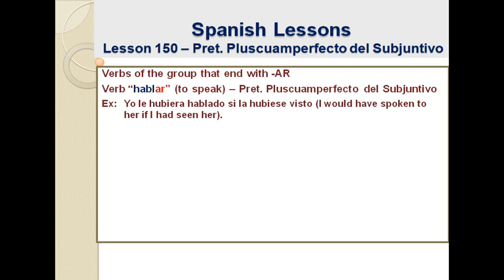Here, yo le hubiera hablado means I would have spoken to her. Si means if. La hubiese visto means I had seen her, right? The pretérito pluscuamperfecto del modo subjuntivo is a tense that requires an auxiliary verb. The auxiliary verb that we use is the verb haber, which goes before the verb we want to conjugate.